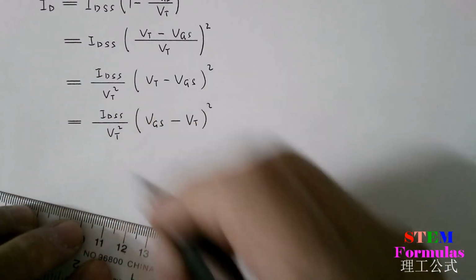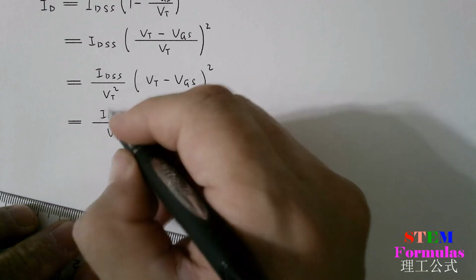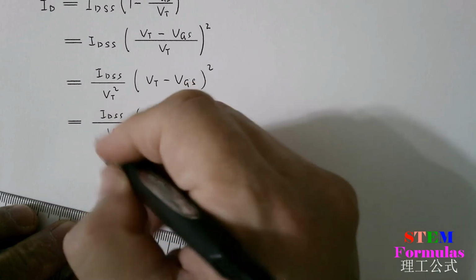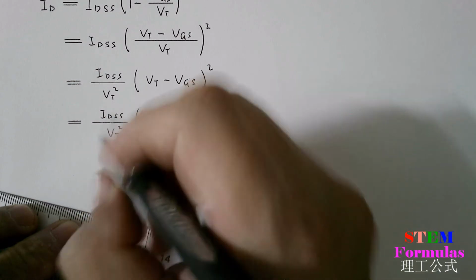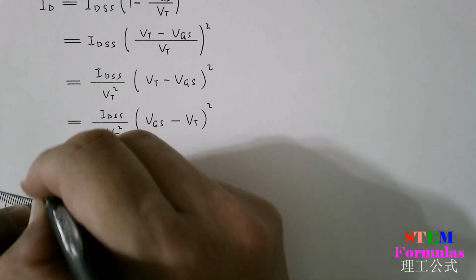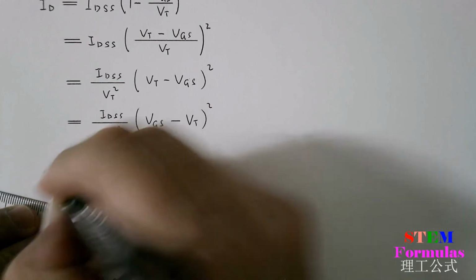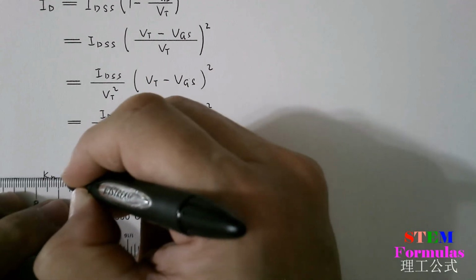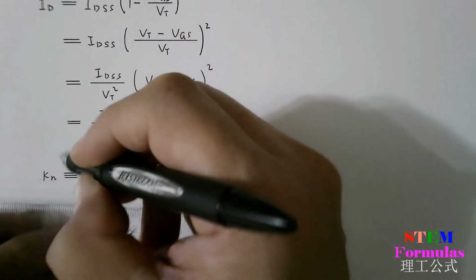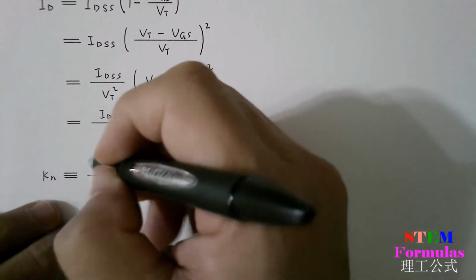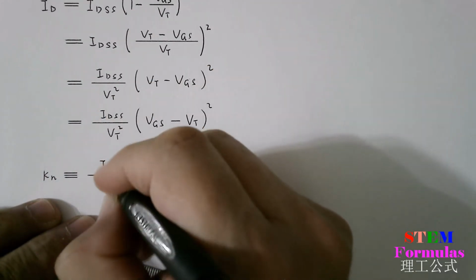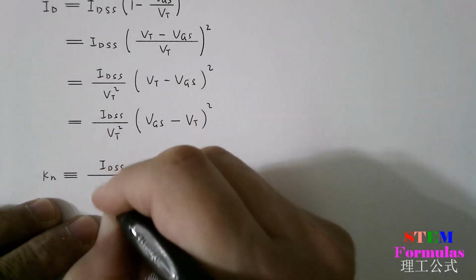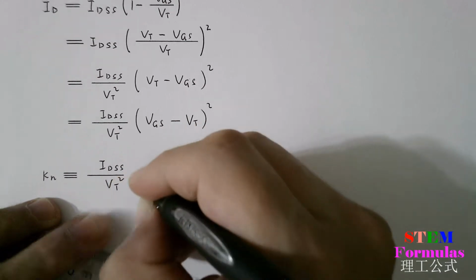And we define the coefficient in front of the bracket as Kn. So Kn is defined as IDSS over VT square.